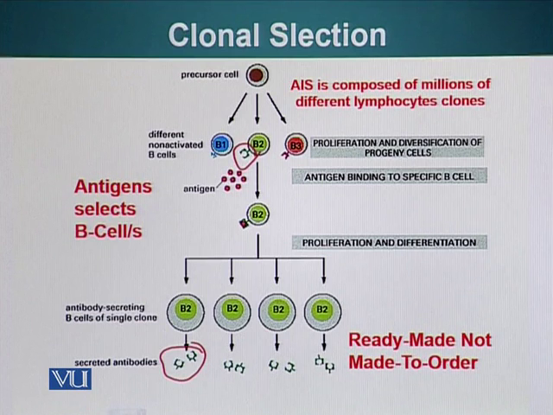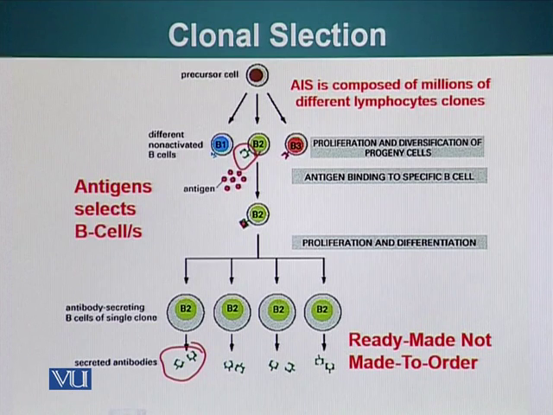So what we can say about the immune system is that it is ready-made, not made to order. What is the difference? We have a vast variety of B cells, B lymphocytes, which have antibodies on their surface with different antigen specificity. When an antigen comes in, our B cells are already ready-made.